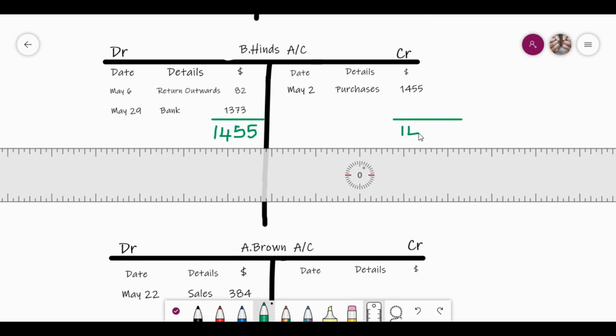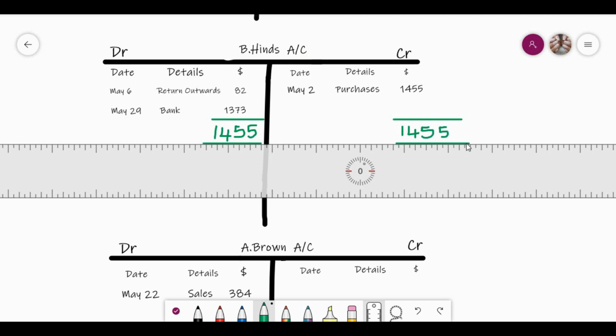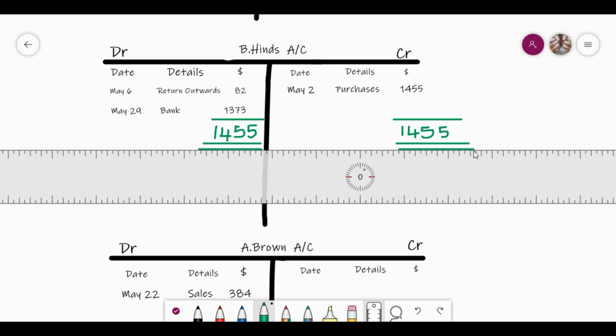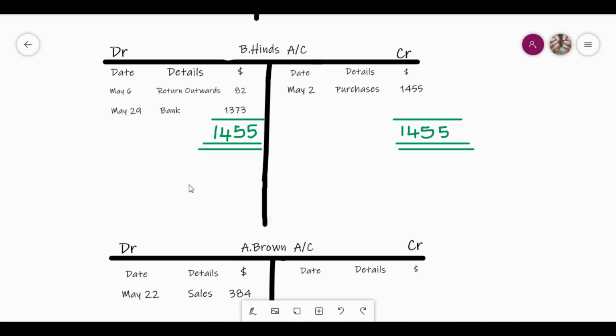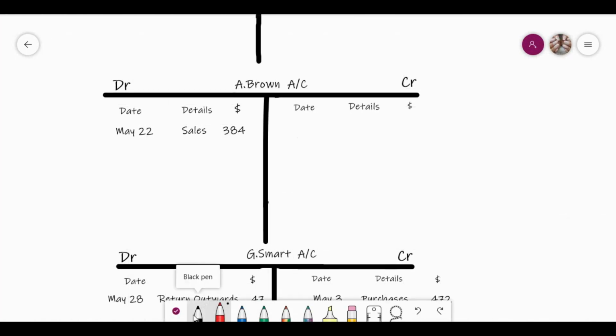So this account will not need any further calculations or any more details. Just double line it and move on. So bring back the same figure from the left to the right because there are no more transactions occurring.